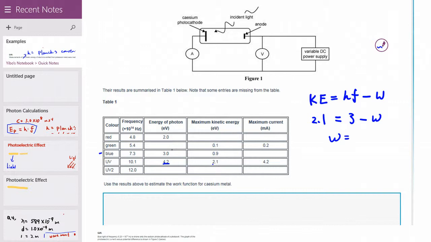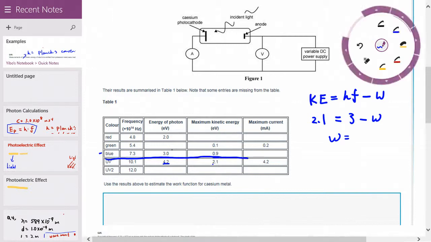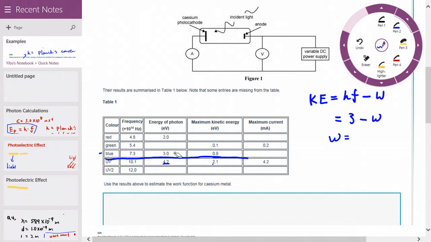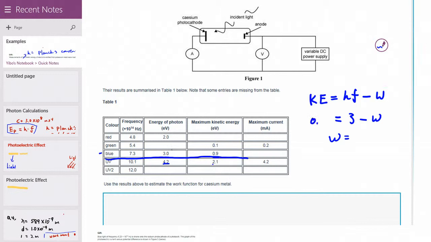Sorry, I think I used the wrong number, I read the wrong line. The energy of the photon is 3, and the maximum kinetic energy is going to be 0.9. So if I rearrange the equation, the work function must be 2.1 electron volts.